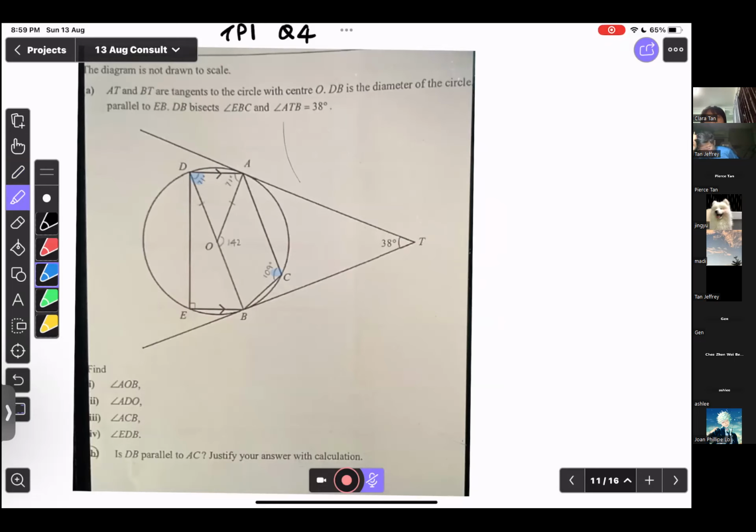So this is 71, this is 71. Yeah, they look parallel. DBC is also 71. Am I right?